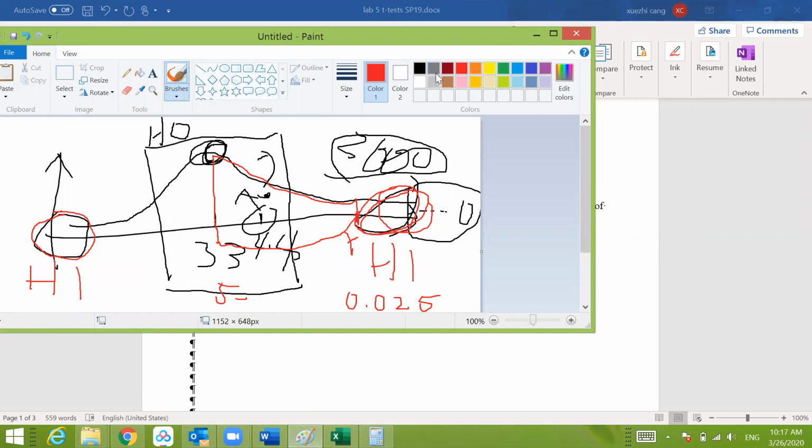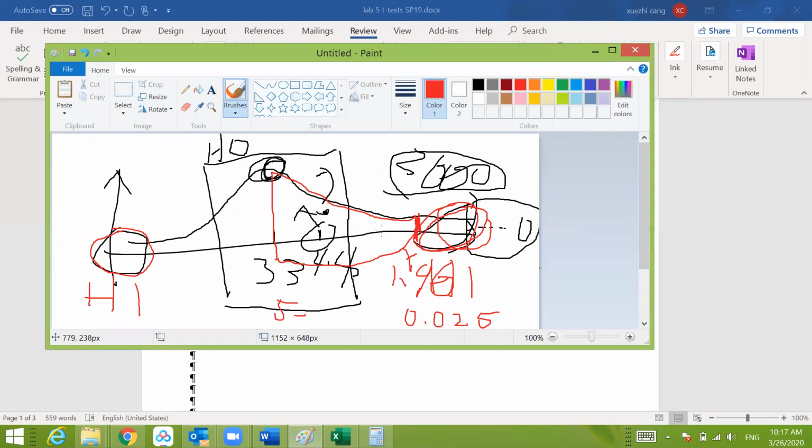The critical value here, I will use the blue mark here, this one, the x value is 1.96. And our calculated Z value is 1.86.